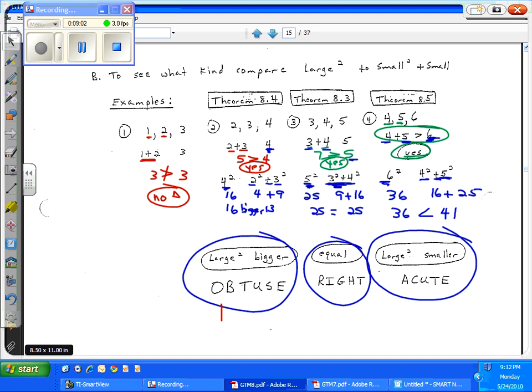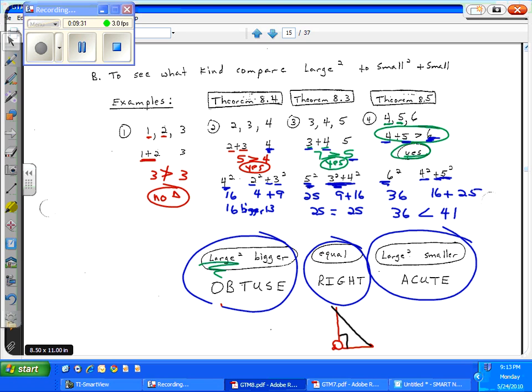So this is like the compass opened up so that the square of the longer side is equal to the sum of the squares of the other two sides, Pythagorean theorem.